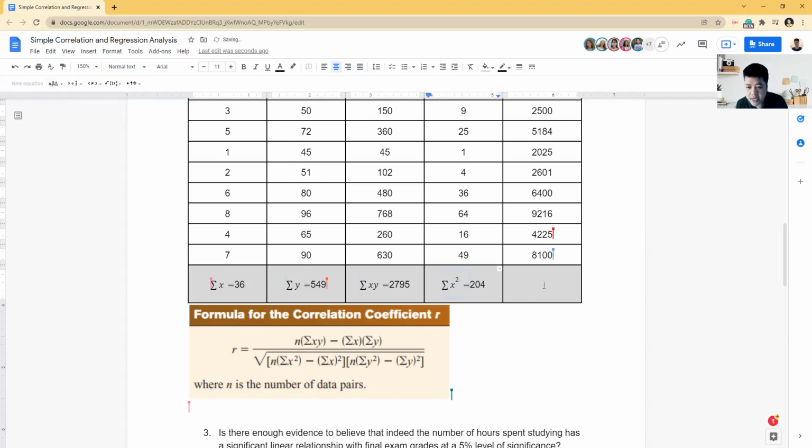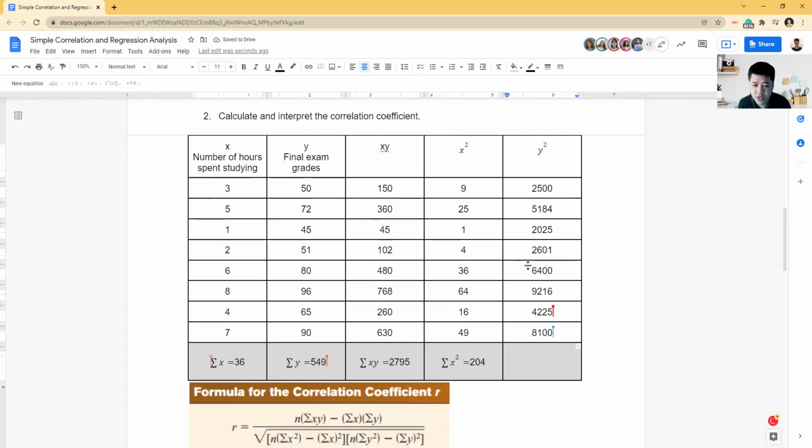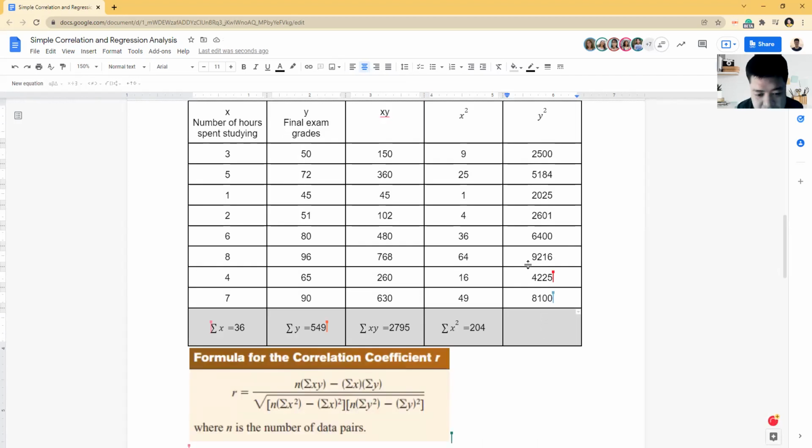Okay, so dito na lang tayo sa y squared. Get the sum for y squared.